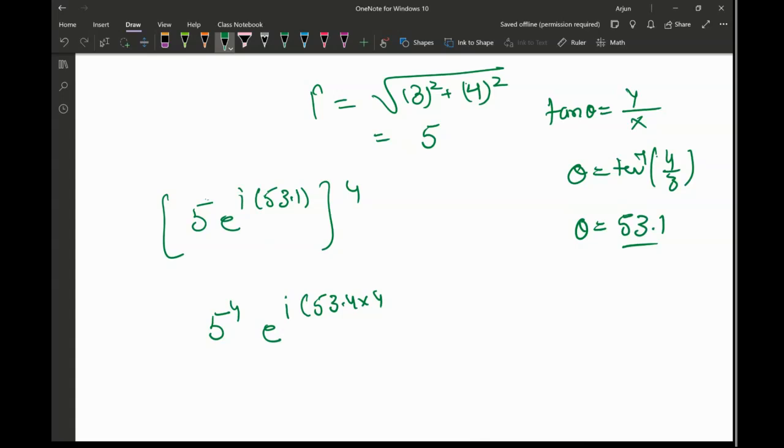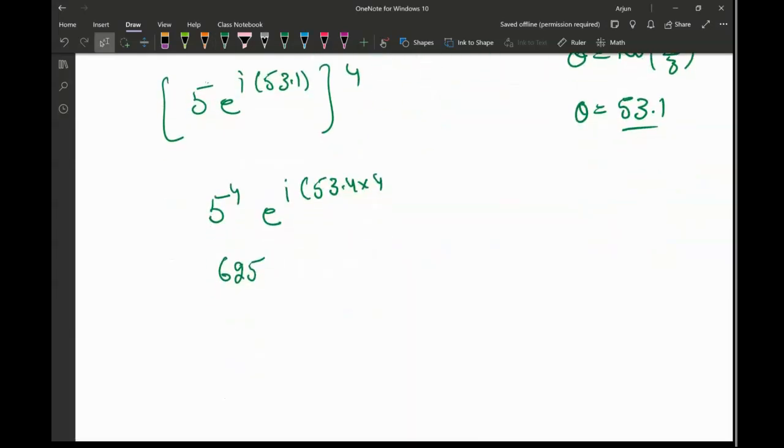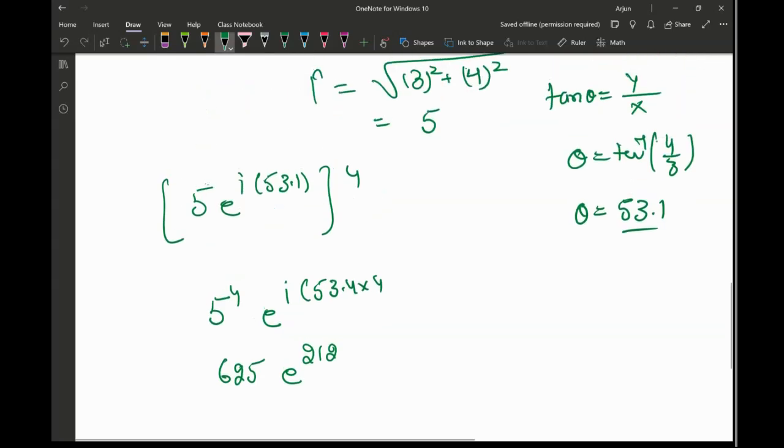This angle times 4 is approximately 212. And 5 to the power of 4 is 625, that is 125 times 5. Let me do the calculation again to get the exact number.